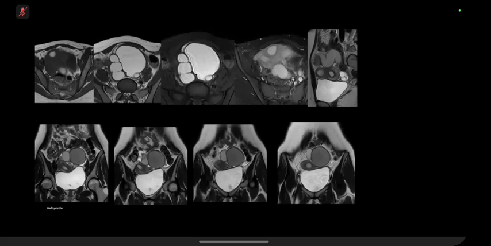And no abnormal intermediate signal within the uterus in the first 2 images, but I could see the 2 cavities. If this is part of the same patient, then I cannot see the second cavity on the lower slices.